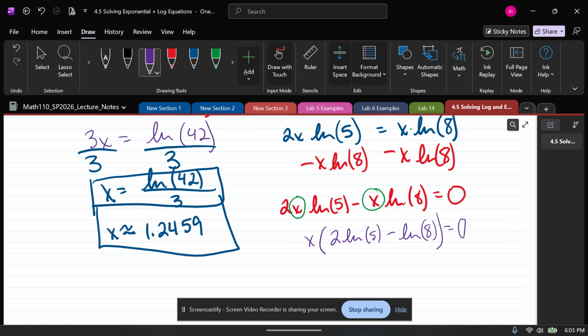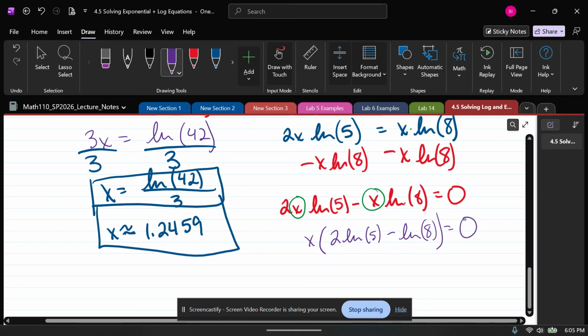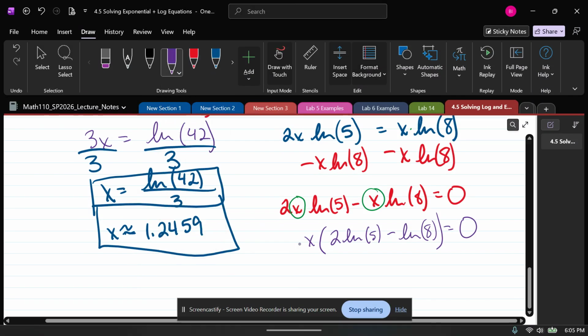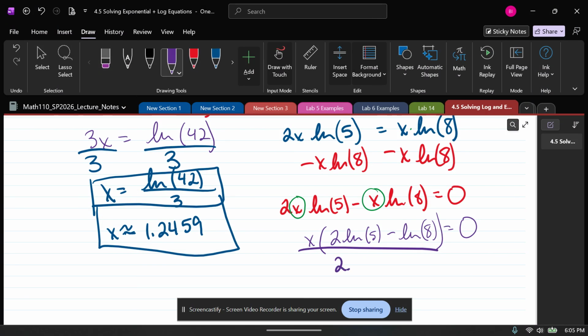Then, instead of the x canceling out, now I've got x times a number, because 2 natural log of 5 and natural log of 8 are all decimal numbers. So how do I get x by itself on this step? If I have x times a number is equal to another number, how do I get x by itself? I divide by that number. So I'm going to divide by 2 natural log of 5 minus natural log of 8.